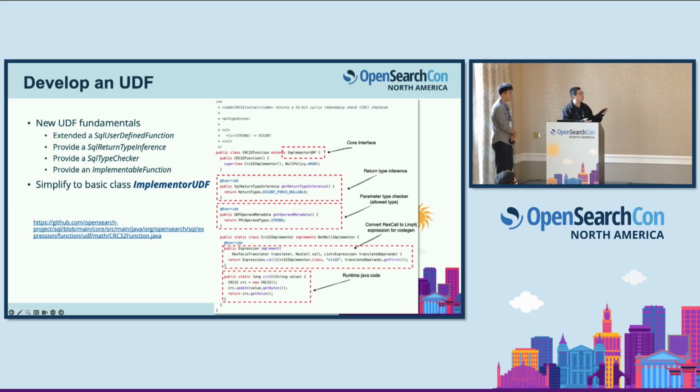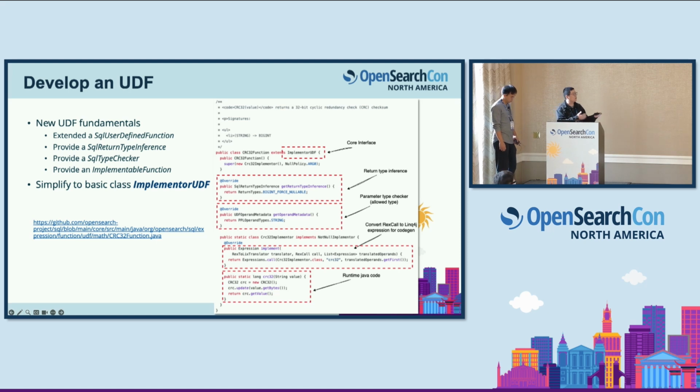It must extend the SQL user-defined function API, which is provided by Calcite. It also needs to provide a SQL return type reference, because there are lots of functions that may have different return types, so we need some inference of which type is better for this invocation. We also need to provide a type checker to make sure a wrong type can be stopped in the compiling stage and the analysis stage, not at runtime.